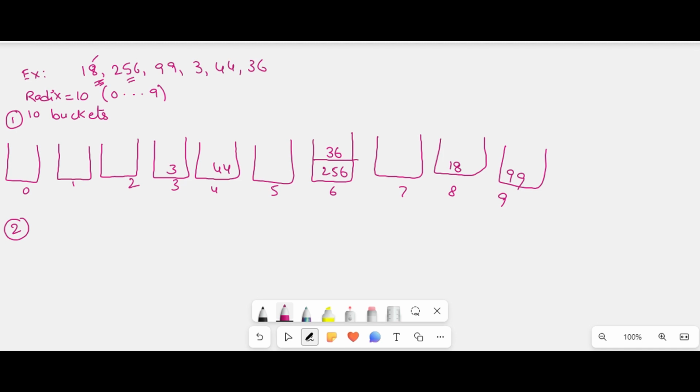Consider this order of elements: 3, then 44, next 256, 36, 18, 99.